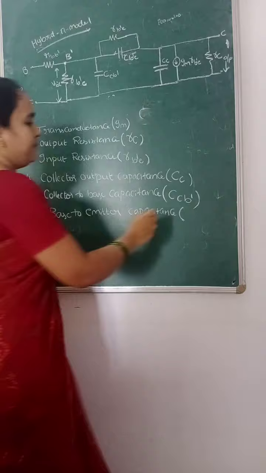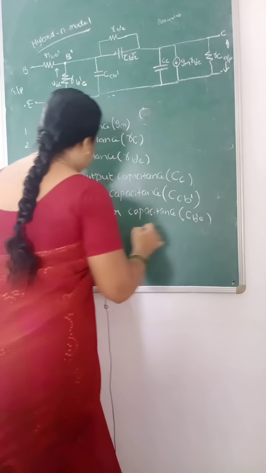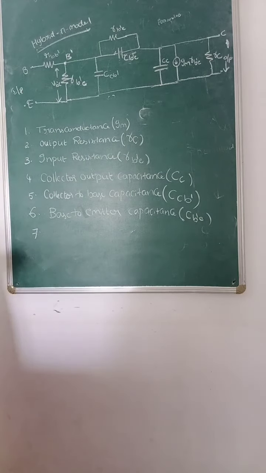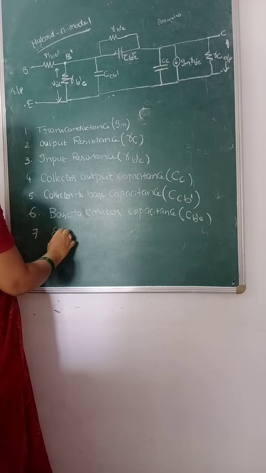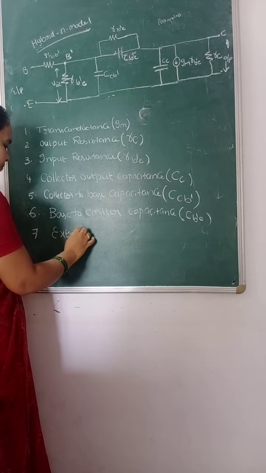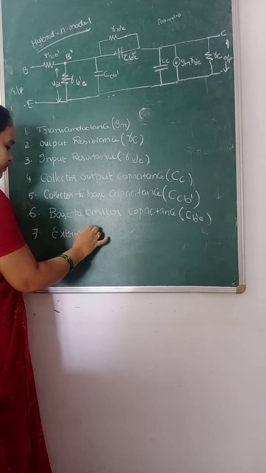That is CB dash E, and the seventh one is extrinsic base resistance, RBB dash.